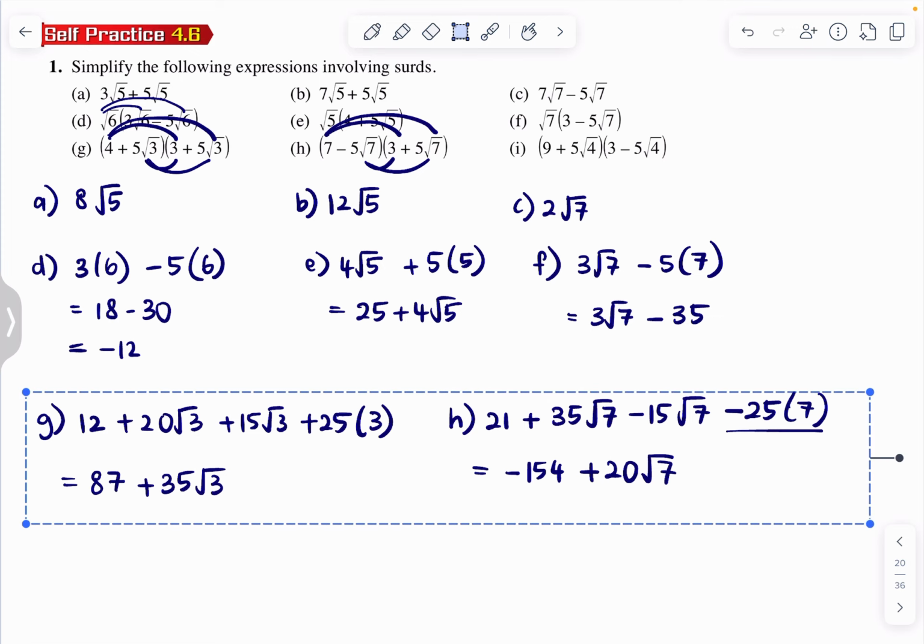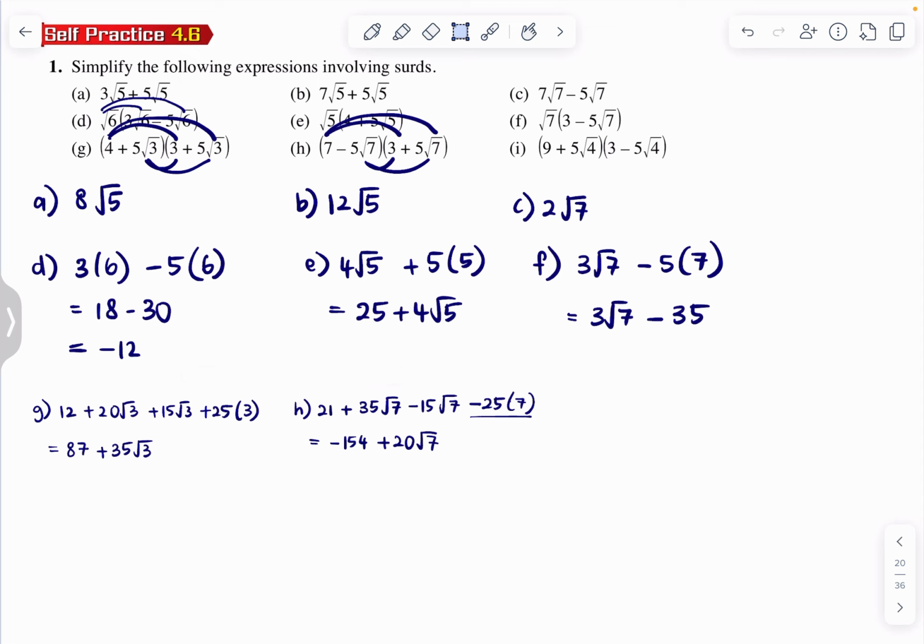Okay, that took too much space already. Let's make it smaller. Lastly, we got I. So 9 times 3. 9 by 3 is 27. 9 by this is negative 45 surd 4.